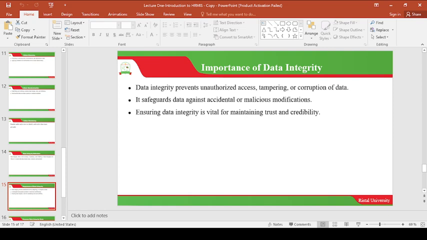So why is it important to have data integrity? One is that data integrity prevents unauthorized access, tampering, or corruption of data. And unauthorized access means no one should be given access to any data or any information if he or she is not the right person to access it.